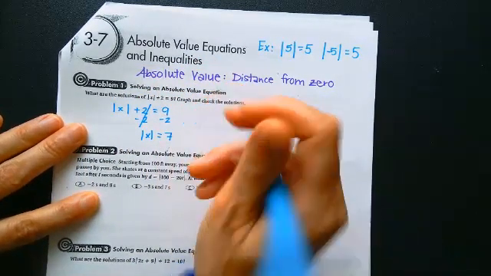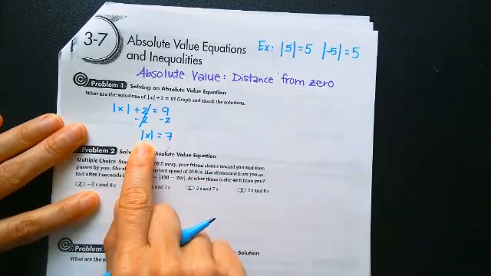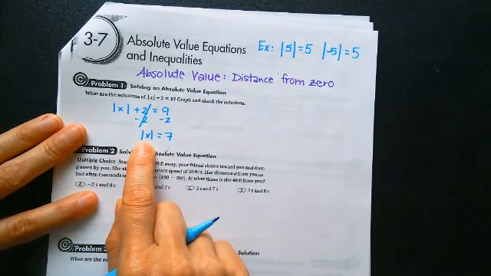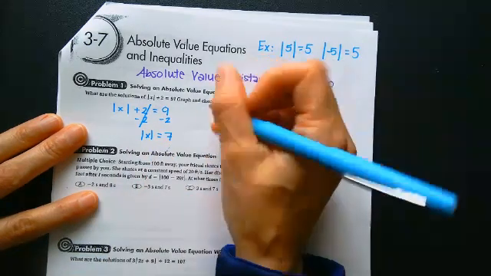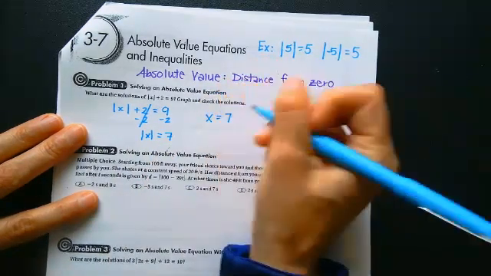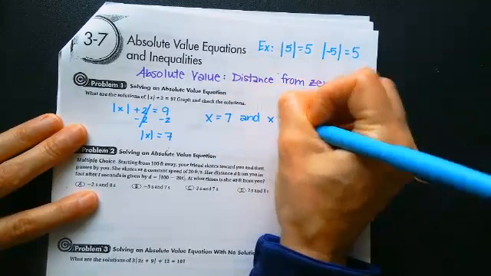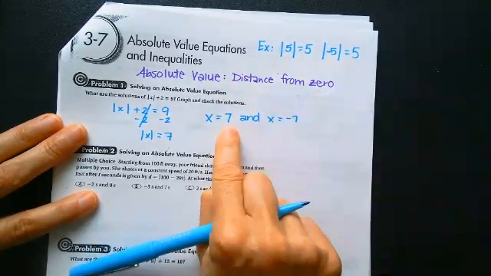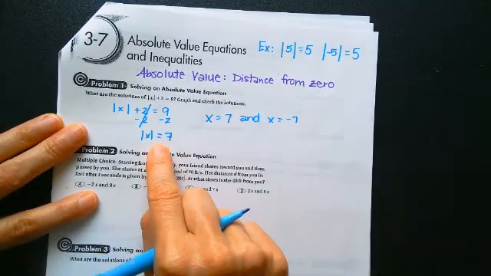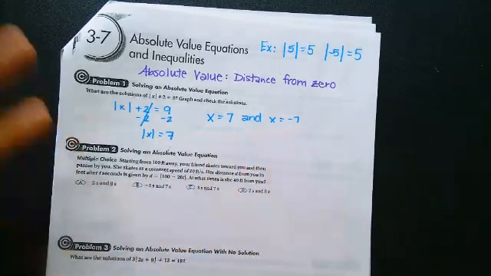Okay, and then since that's all that's left, we're saying what number's distance from 0 is 7? And that answer is x equals 7 or x equals -7. So 7 is 7 away from 0, and -7 is 7 away from 0.